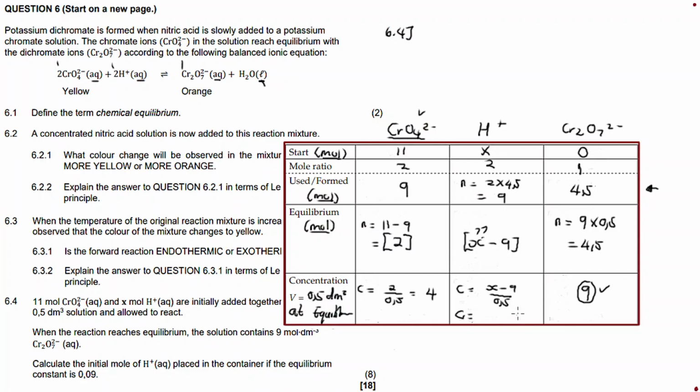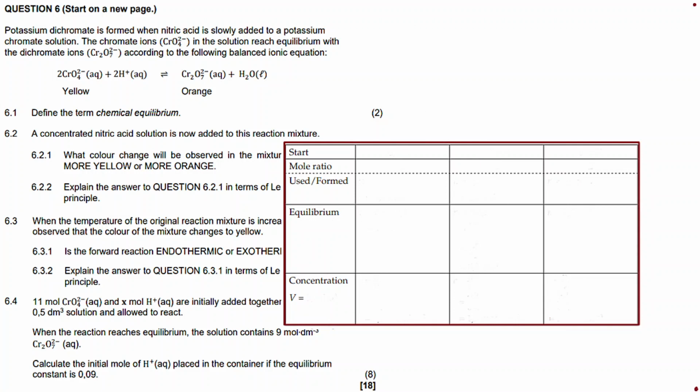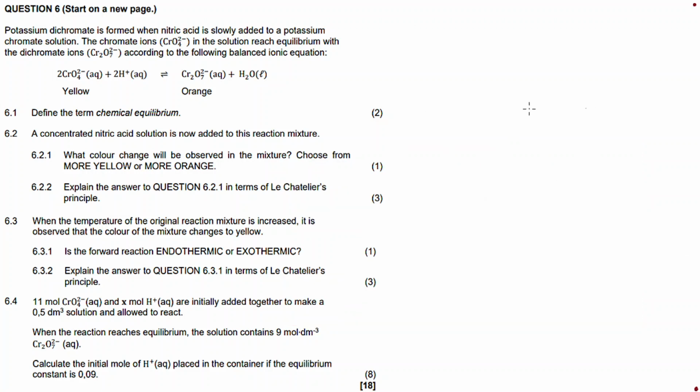We also have the concentration for the hydrogen ions at equilibrium. We also have the concentration for the chromate ions at equilibrium. So now we are ready to substitute into the equilibrium constant equation.